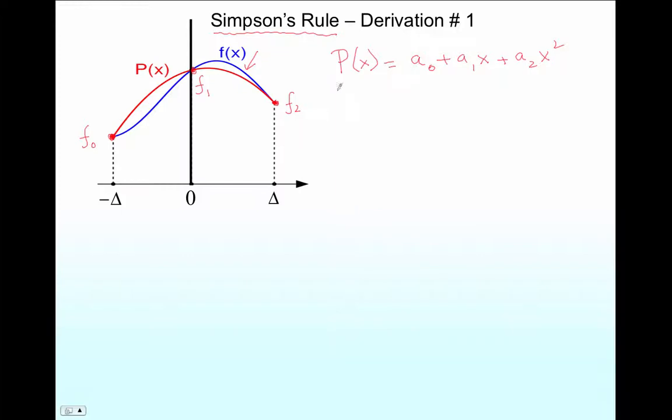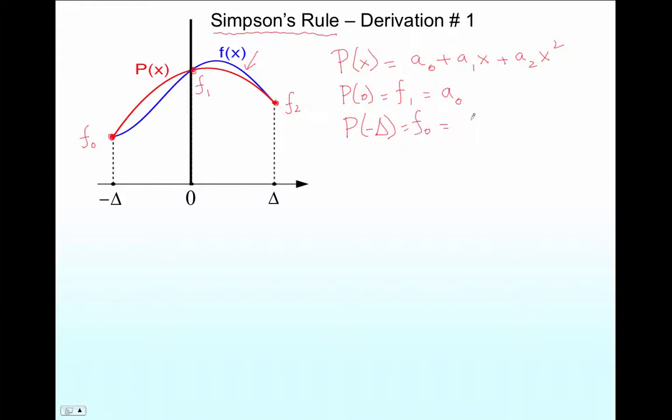Next, we want to find out what a0, a1, and a2 are. That's easy enough. Let's first put x equal to 0. That means this is f1. And putting x equal to 0 here and here will just give us a naught. Next, let's put x equal to minus delta, in which case p of minus delta is f naught.